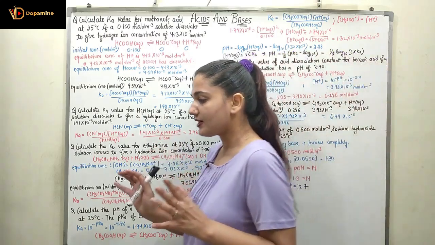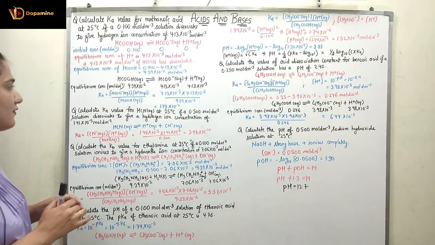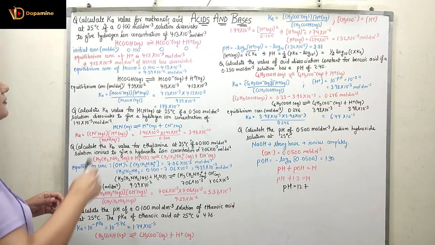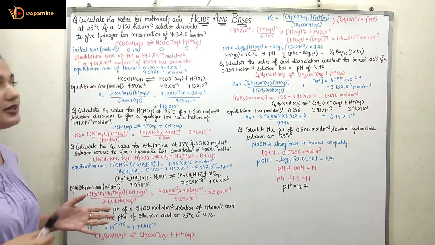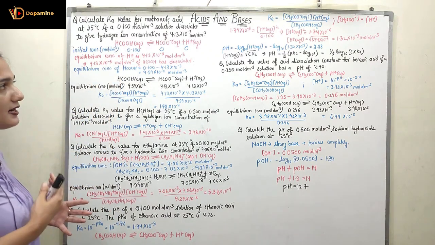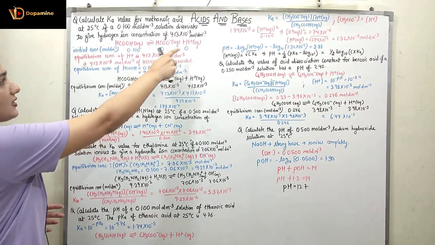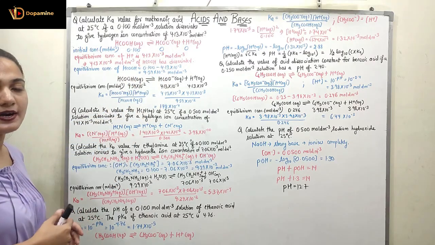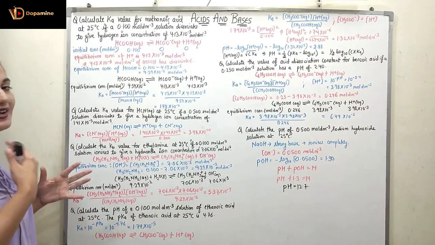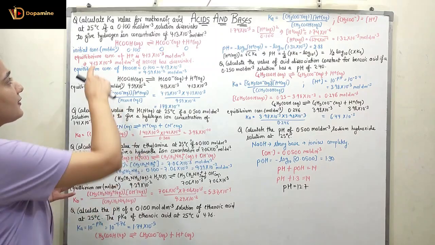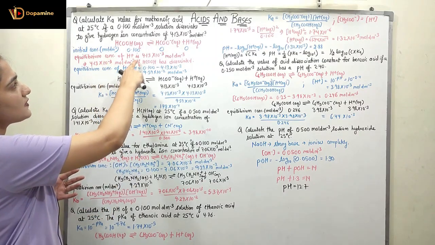So if I see the initial concentration is given for the methanoic acid which is 0.100 initially. H⁺ and HCOO⁻ are not formed, so their initial concentrations are 0 mole per decimeter cube. Now at the equilibrium the concentration of H⁺ is given.